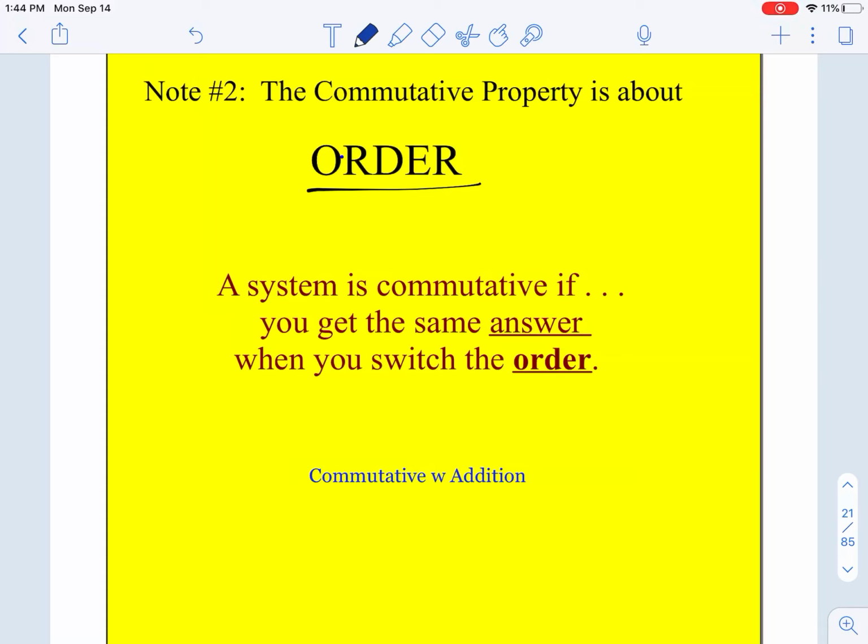A system is commutative if you get the same answer when you switch the order. So 4 plus 1 equals 1 plus 4. If that is true, then yes, it is commutative.